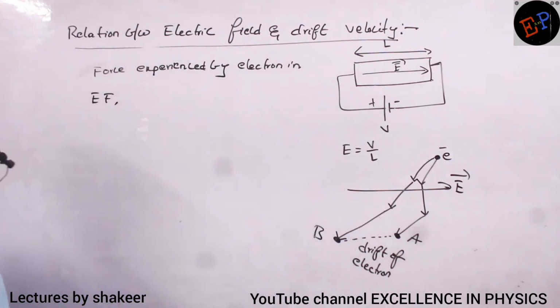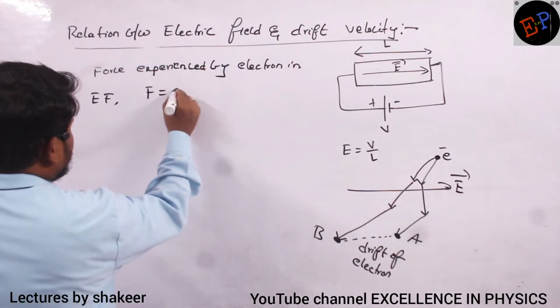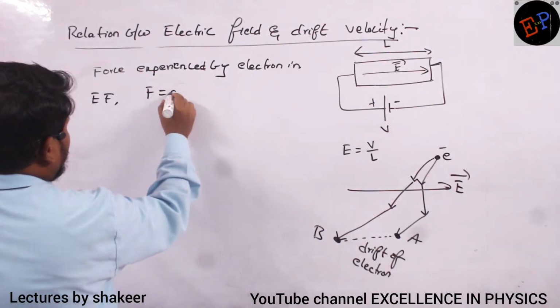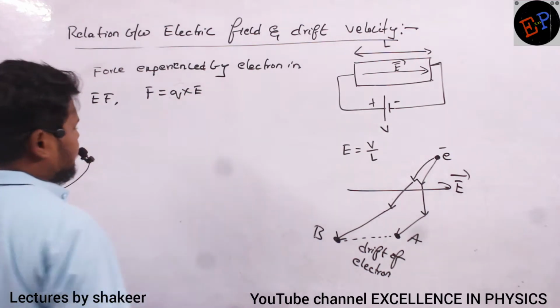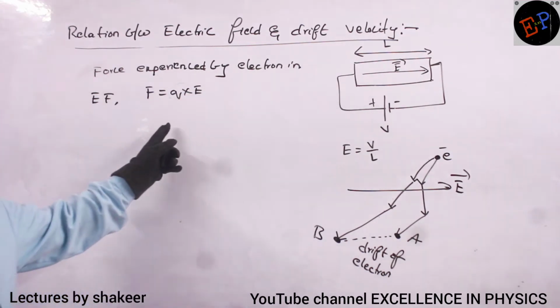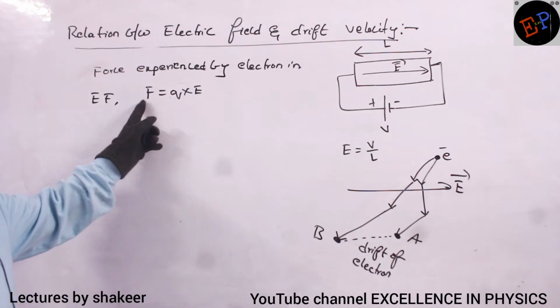In an electric field, how much force will it experience? F is equal to Q into E. This is the formula. Do you remember this? F is equal to Q into E.